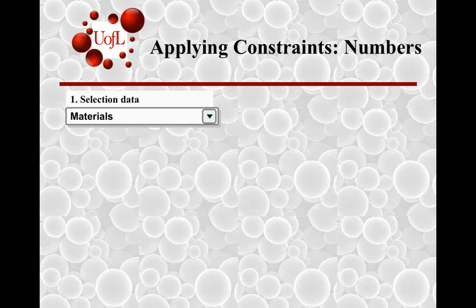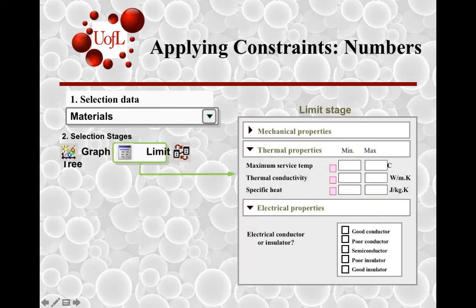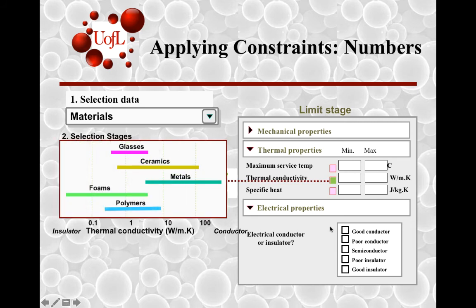In order to do that, we will work with a platform, as we will introduce during Module 2, which is a CES EduPack. That you go through the materials universe, and you can either plot them or you can apply some kinds of limits in addition to plotting them. Right? So the limit stage is based on what are some controlling design criteria in terms of thermal properties and electrical properties.